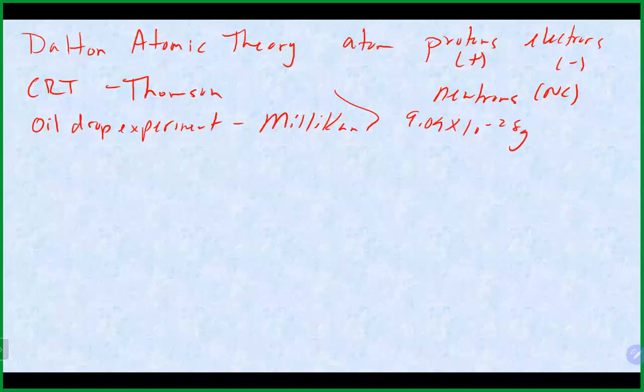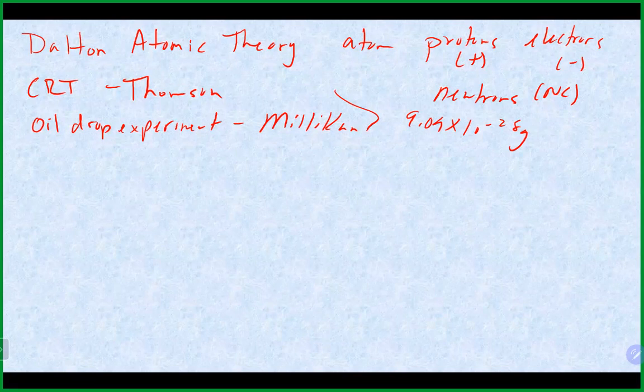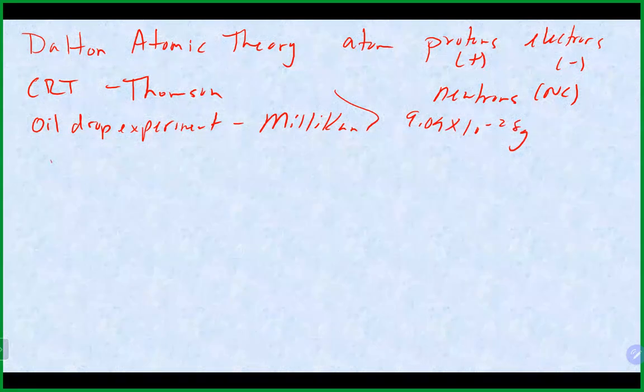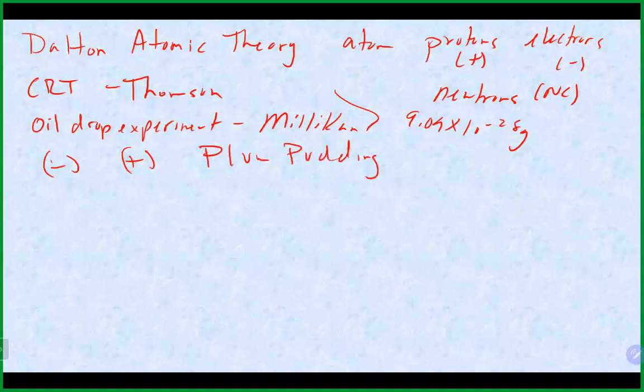From these early experiments, and the idea at the time that the atom was basically neutral and that electrons are negative, there had to be some type of positive component in the atom to balance out the negative charge. An early model of the atom was the plum pudding model set forth by Thomson.